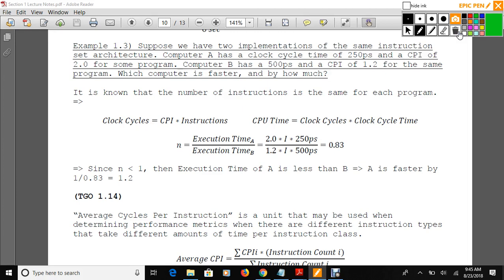So we're trying to figure out which computer is running better. In this specific case, what happens if I don't remember the equation? I know that cycle time is seconds, CPI is cycles per instruction, right? So it would be cycles per instruction times seconds per cycle.